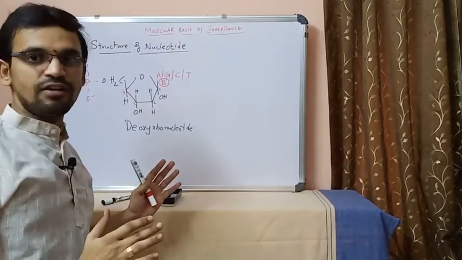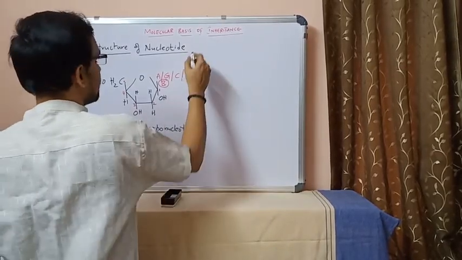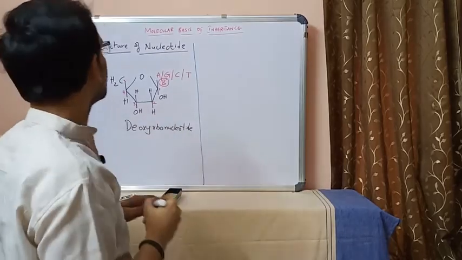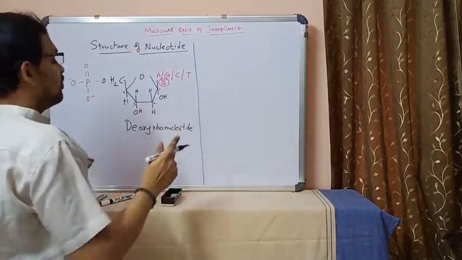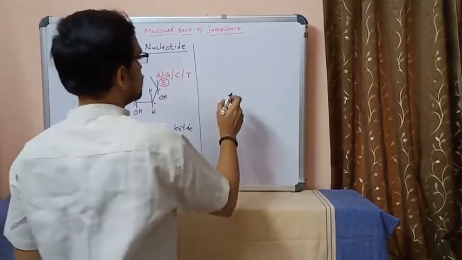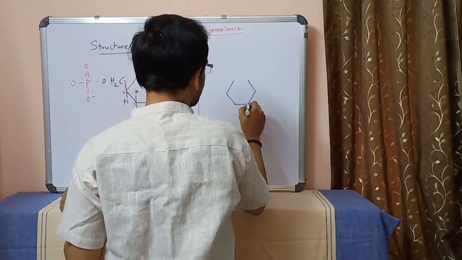Now coming to the structure of ribonucleotide. What is the sugar present in RNA? Ribose sugar. So first you can draw the structure of ribose sugar.